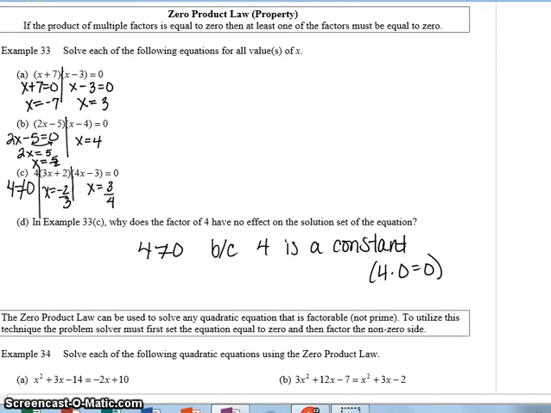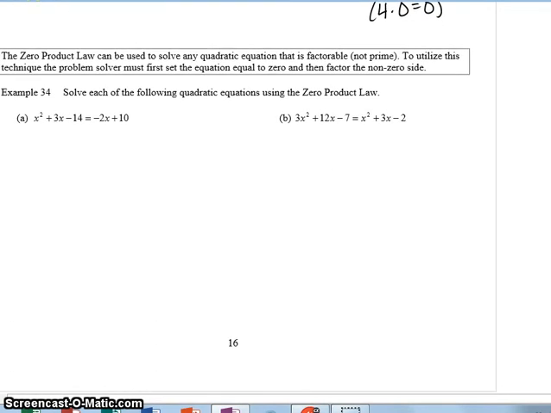The zero product law can be used to solve any quadratic equation that is factorable, which is not prime. To utilize this technique, the problem solver must first set the equation equal to 0 and then factor the non-zero side. So I would add 2x to both sides, and then subtract 10 from both sides because I'm trying to set that equal to 0.